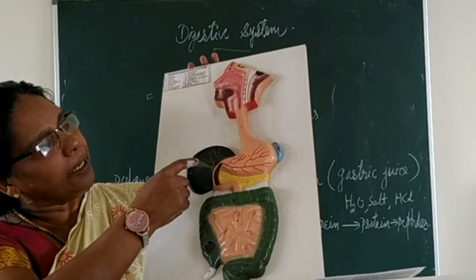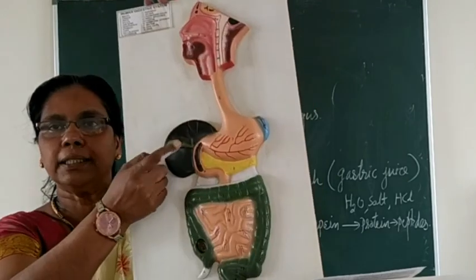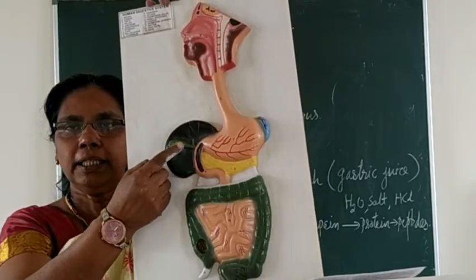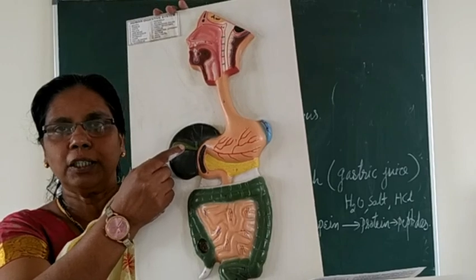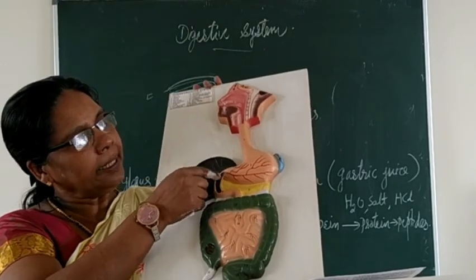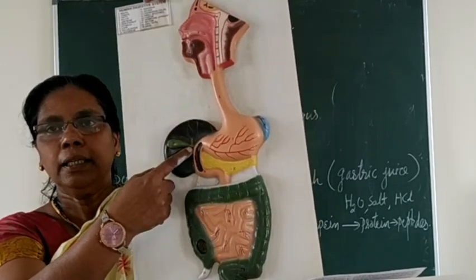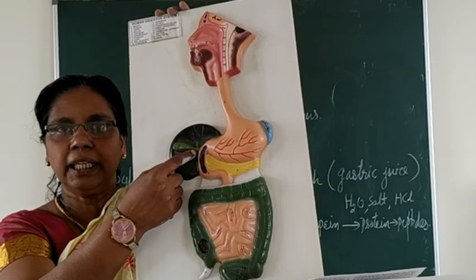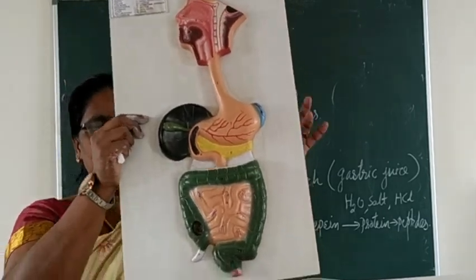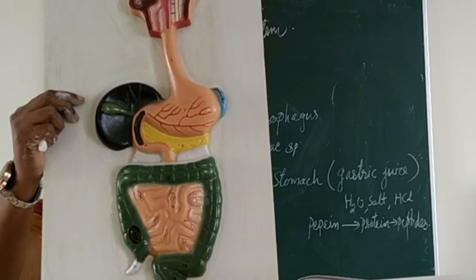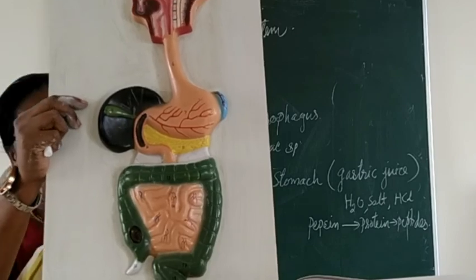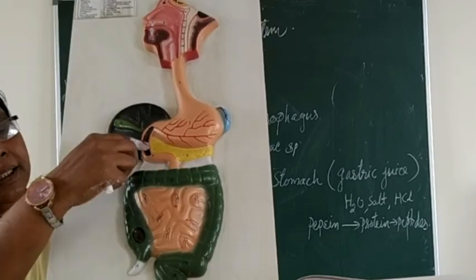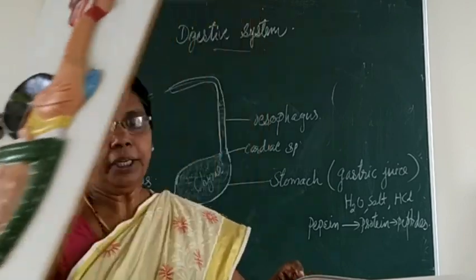And from there again you can see a greenish colored structure. The liver produces what? Bile, that enters into which region? Yes, the first region, that is nothing but duodenum. Clearly you can see the common bile duct opens into the duodenum.